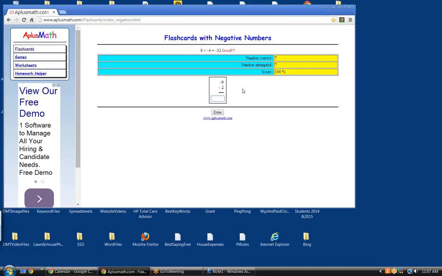You change the 2 to a minus 2 and change the subtraction sign to a plus. So now we have minus 2 plus minus 9, or minus 9 plus minus 2. So it'd be minus 11.